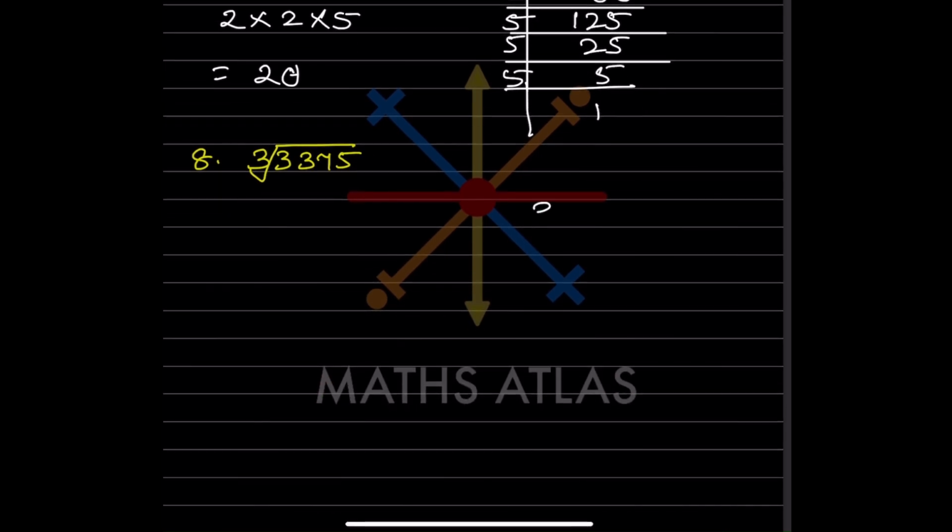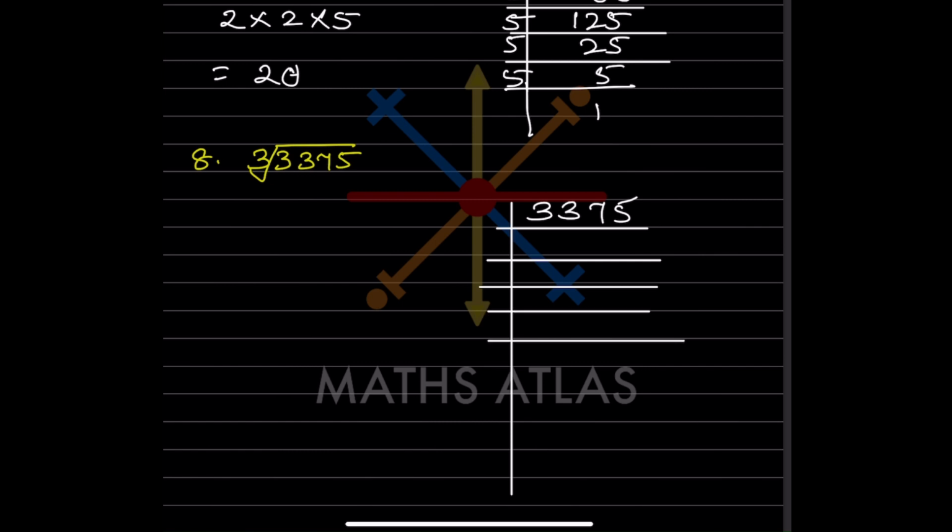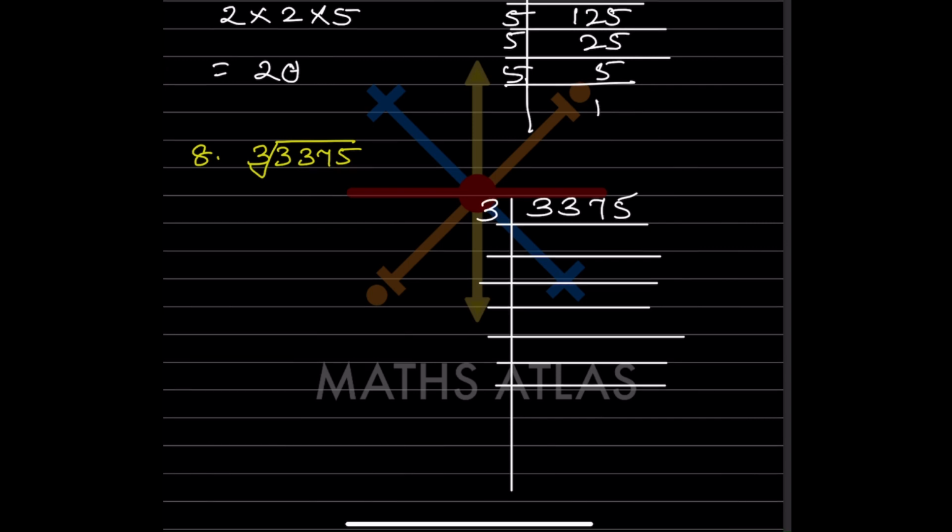Now let us see for 3375. So this is going to go with 5.